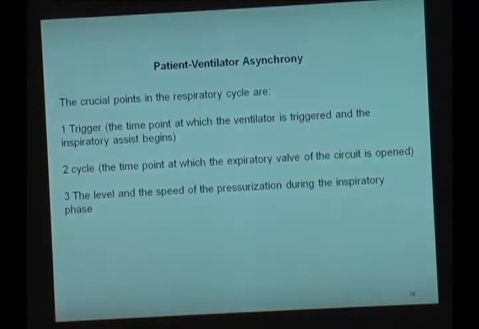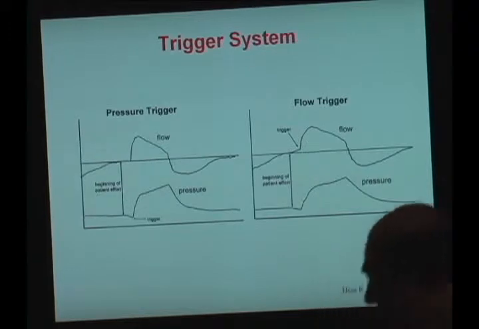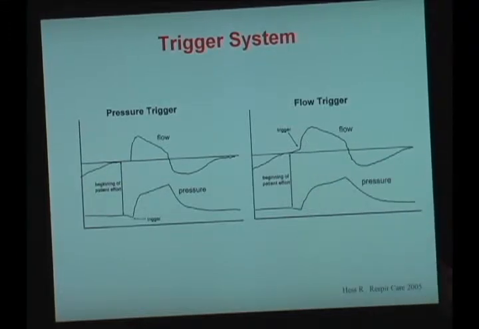And NAVA can also help us in this context. NAVA is an important tool when we speak about patient-ventilator asynchrony. I report the most important points that can produce asynchrony. One of these is the trigger system that produces an important delay.